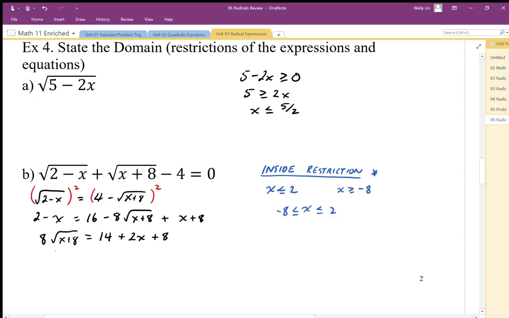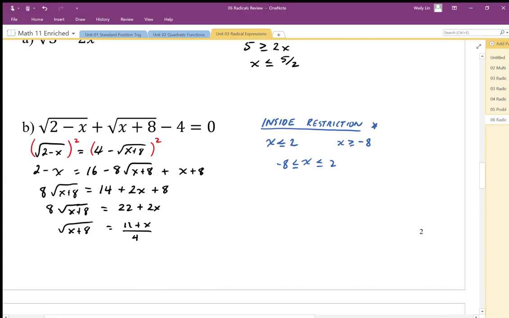So I'm going to group all that together. So we end up with 22 plus 2x. Let's divide by 8. And so we end up with 11 plus x all over 4.